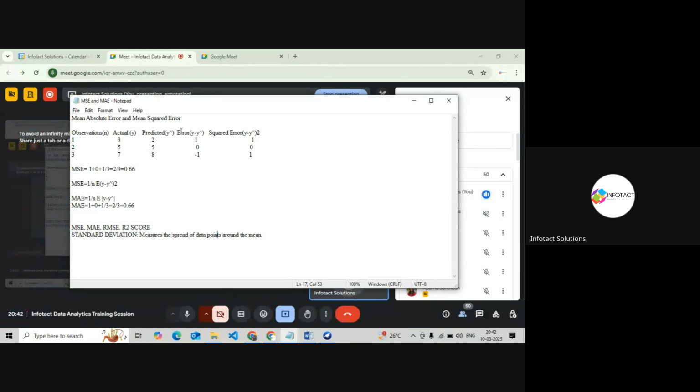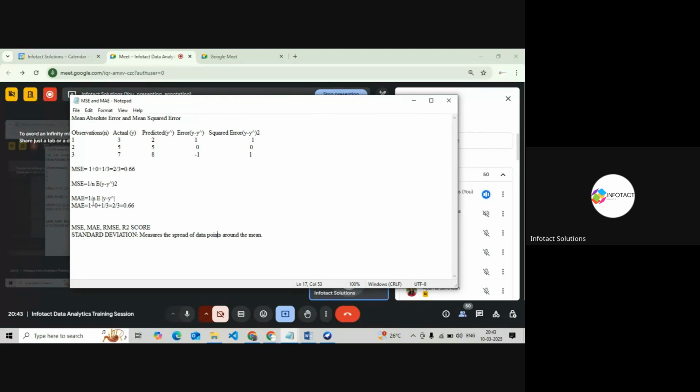This is called error, y minus y dash. What is squared error? It is y minus y dash squared: 1, 0, 1. How to calculate the mean absolute error? The formula is 1 upon n, summation of the magnitude of y minus y dash, the magnitude of the error.